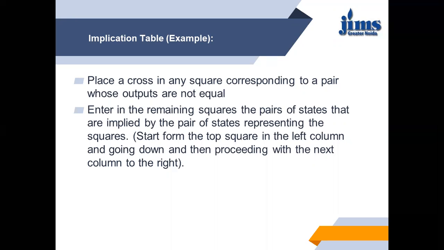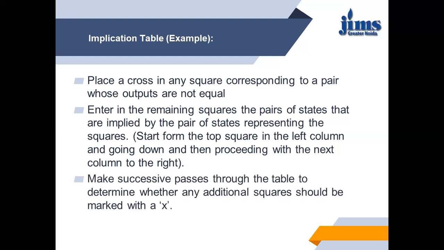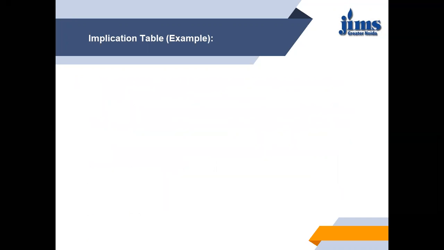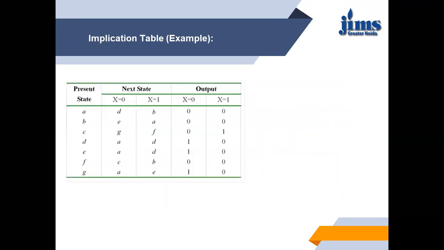Start from the top square in the leftmost column and go down, then proceed with the next column to the right. Make successive passes through the table to determine whether any additional square should be marked with a cross. Finally, all the squares that have no crosses are recorded with a check mark. Let us do this with the help of an example.